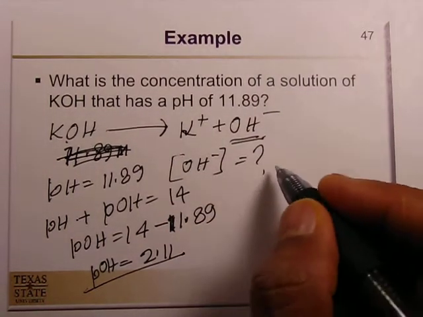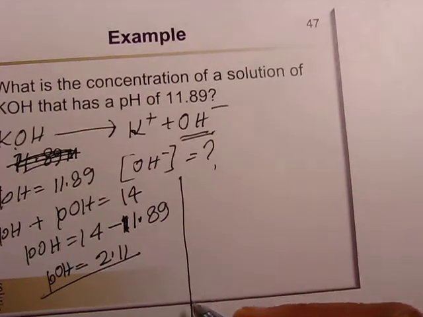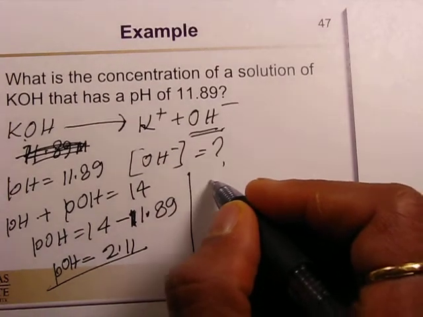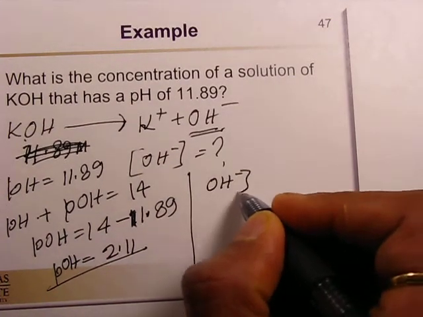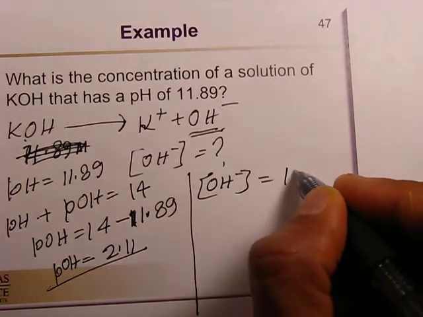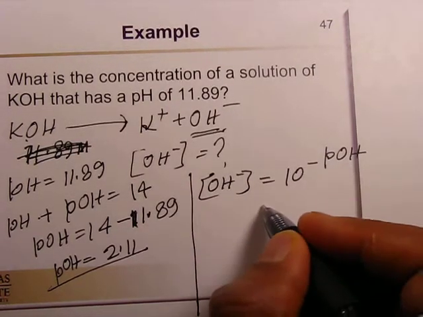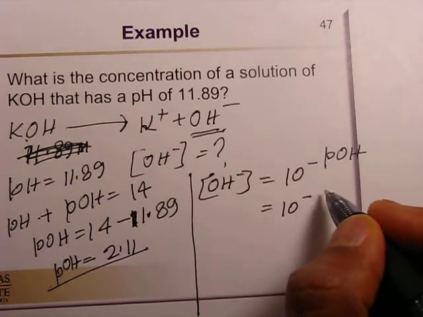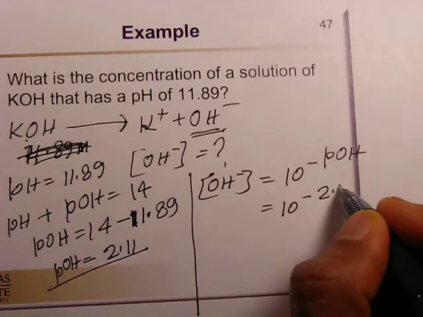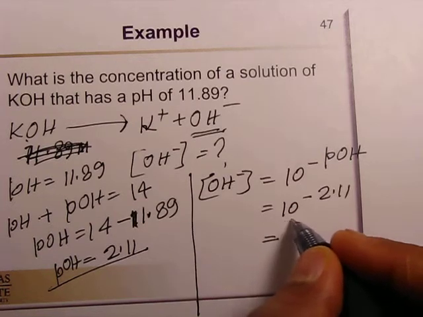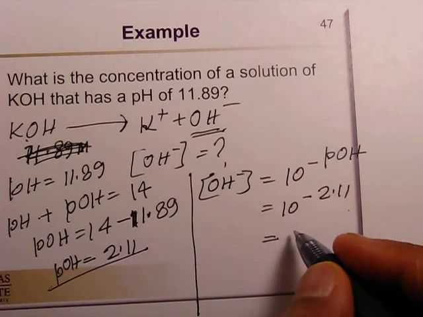Once we know the pOH, we can get the hydroxyl ion concentration by taking 10 raised to the power of minus pOH. So this will become 10 raised to the power minus 2.11, and for this you need to use a calculator.